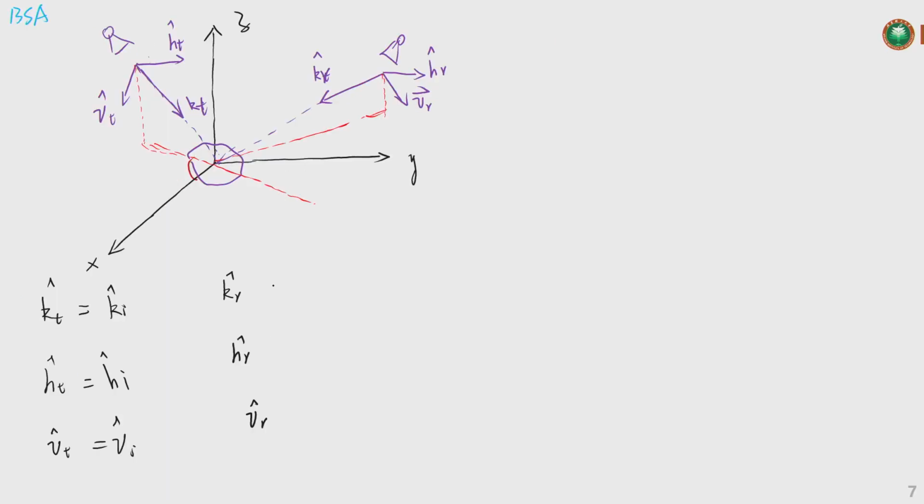Because it's backscattering, KR equals minus the previous KS, and HR equals also minus HS, but VR equals the same thing, VS. It's because of the electric field after reflection or scattering by a target or by a plane: if there is no phase change due to the surface, then on the surface of the plane the electric field should be continuous, right?